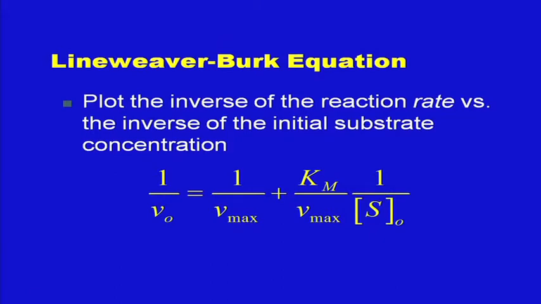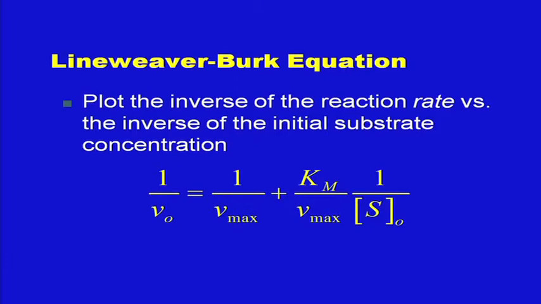Now, again, let us do the plot of the inverse of the reaction rate versus the inverse of the initial substrate concentration. If you do the double reciprocal, it is called the double reciprocal, then this graph linearizes.